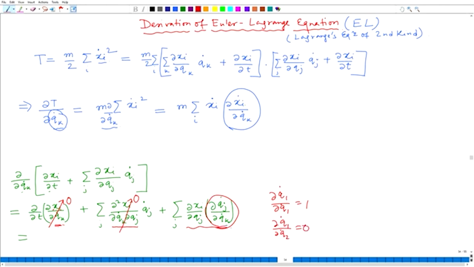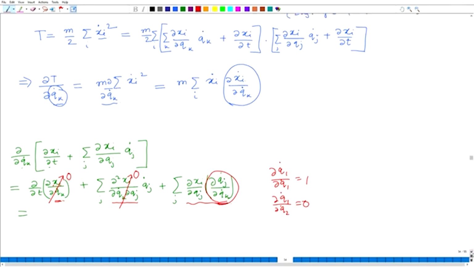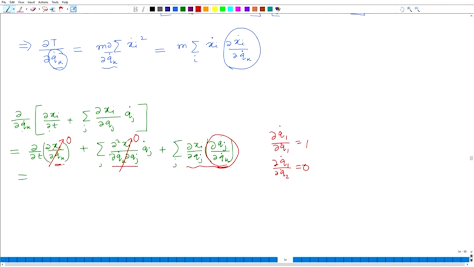So this is 1 when j is equal to k and 0 when j is not equal to k. This is a Kronecker delta, so you can write del xi del qj times Kronecker delta jk, which gives del xi del qk. Only when j is equal to k does this term survive.